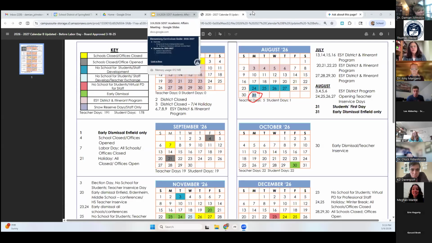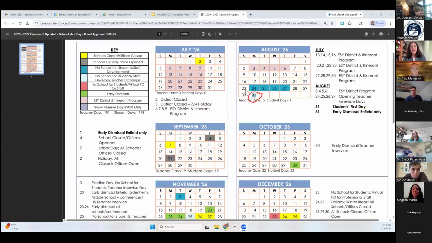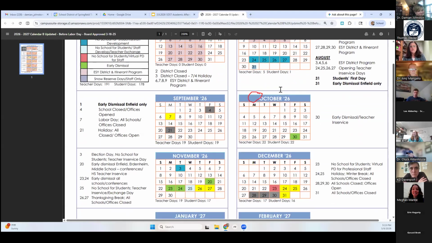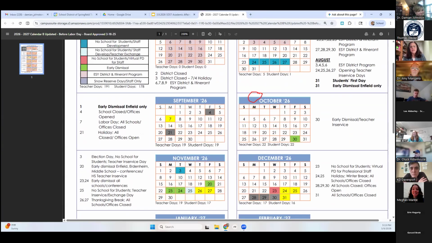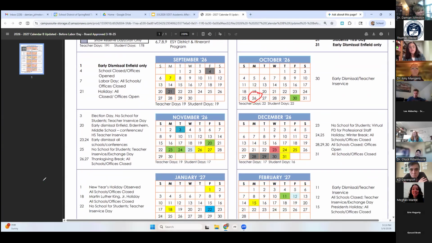The other factor that we have tried to maintain over the last few years is to hold several in-service half days in order to allow us to maintain a solid number of total hours at our elementary and secondary level, but to provide some in-service opportunities on days that seem to make sense. For example, this coming fall, October 30th.